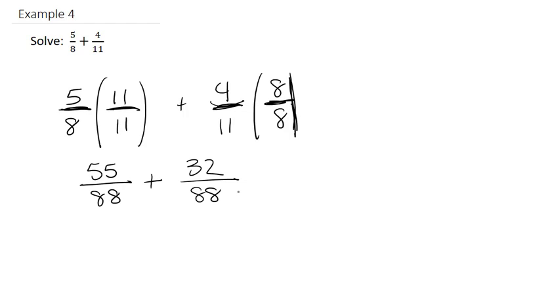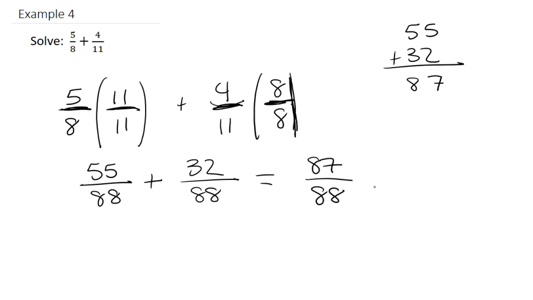So then we would go ahead and add these two numbers together, as we now have a common denominator of 88. So 55 plus 32 is equal to 87, because 5 plus 2 is 7, and 5 plus 3 is 8. So we get 87 over 88. And this would be our final solution.